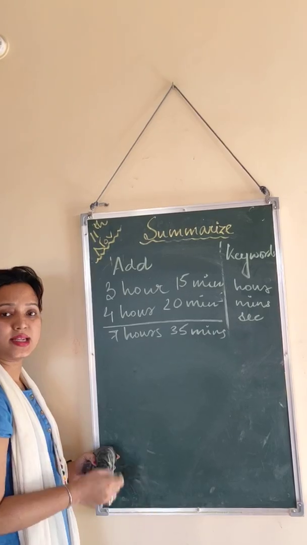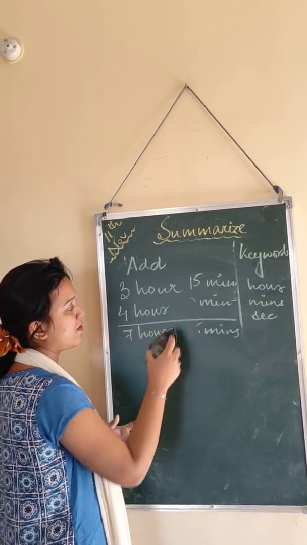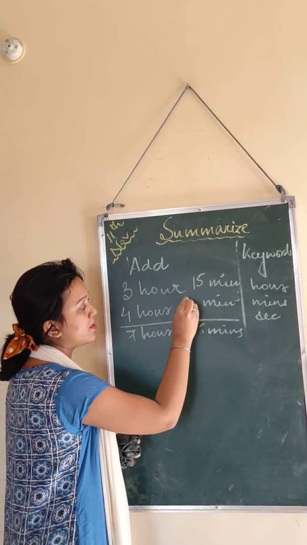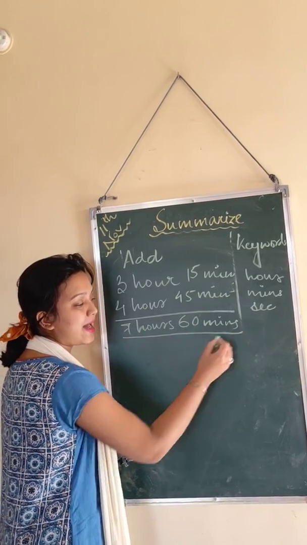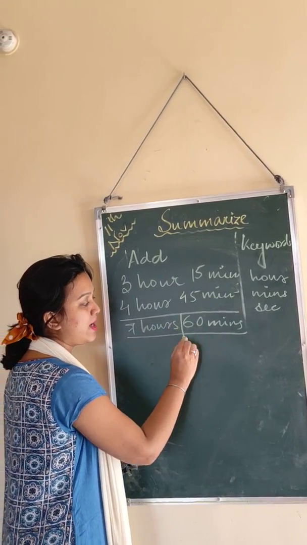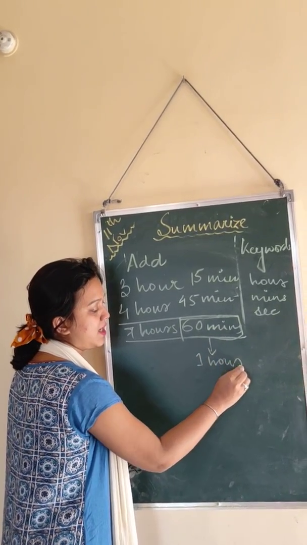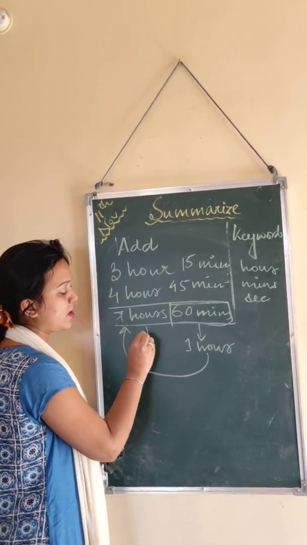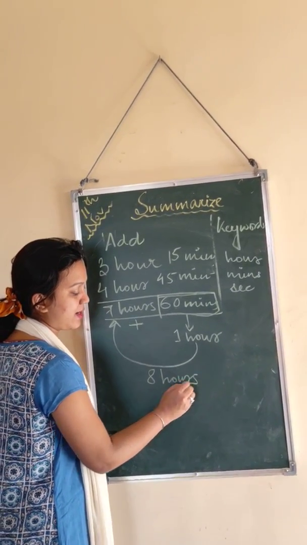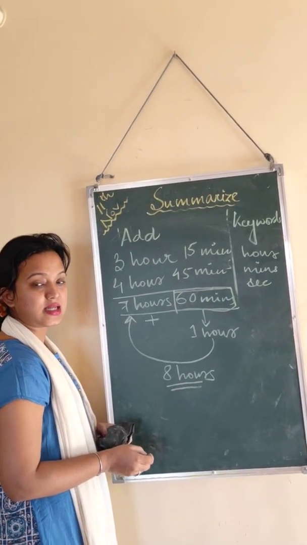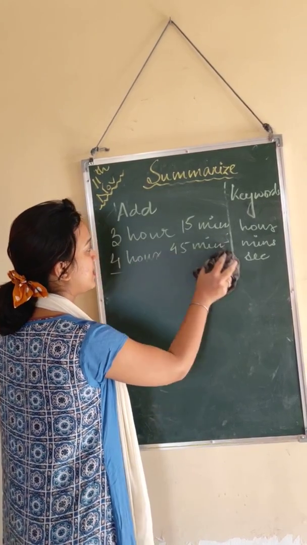This is too easy. But if I change the values, suppose I give you a number like 45 minutes, so this gives you 60 minutes. We don't write it in this way. We know 60 minutes is equal to 1 hour. Yes? So this 1 hour, I am going to add with 7. What I get is 8 hours, which is the correct answer. Is this clear, everyone?